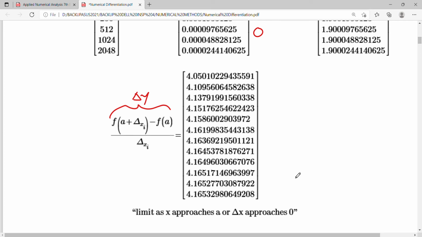So how do you know the error? The error can be computed numerically also, or you can also compute the error by comparing it with the exact value. Okay, so error analysis has a different program of discussion.